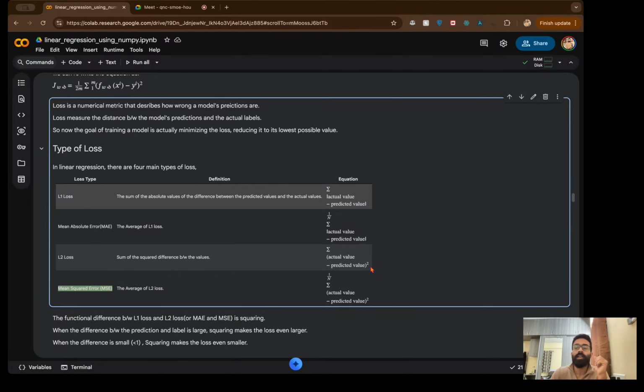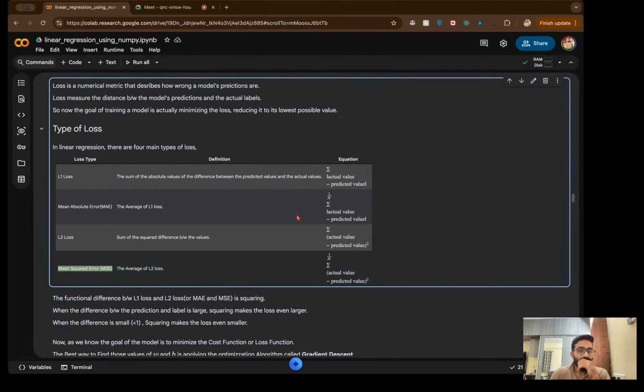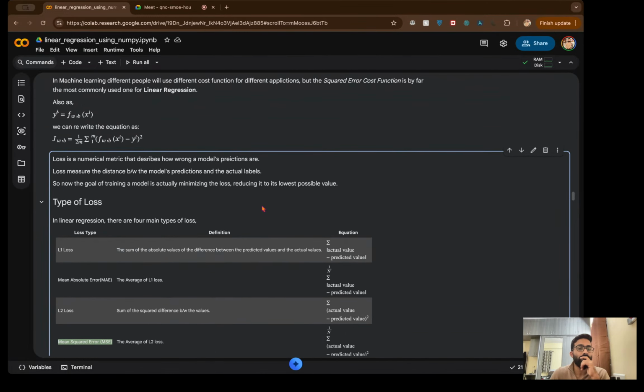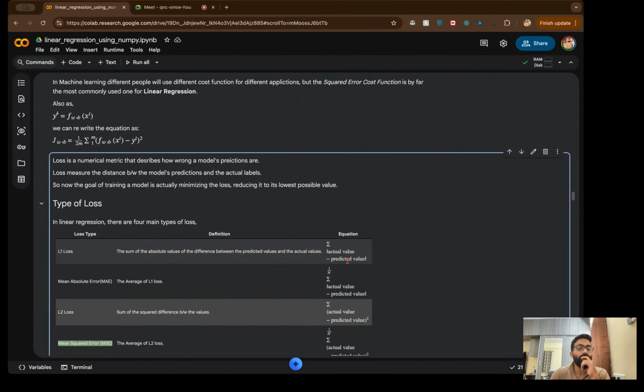When we are squaring, let's say I am getting 2, by squaring I'll get 4. If I minimize the 4, the 2 will be much more minimized. This is mathematical. But why is there a bar? Why are we using the mod function? Because we are only concerned about the difference between the actual value and predicted value. So in L1 loss, it is the sum of the absolute values.